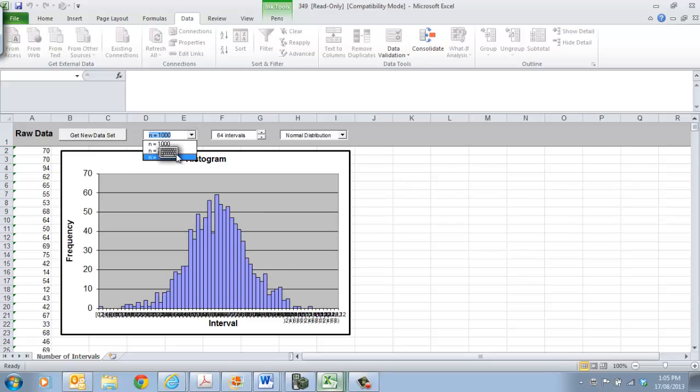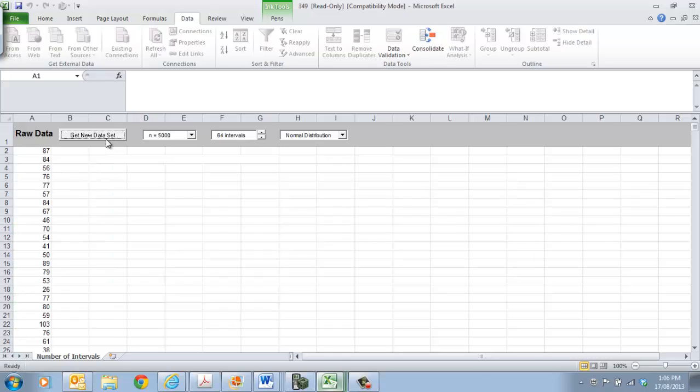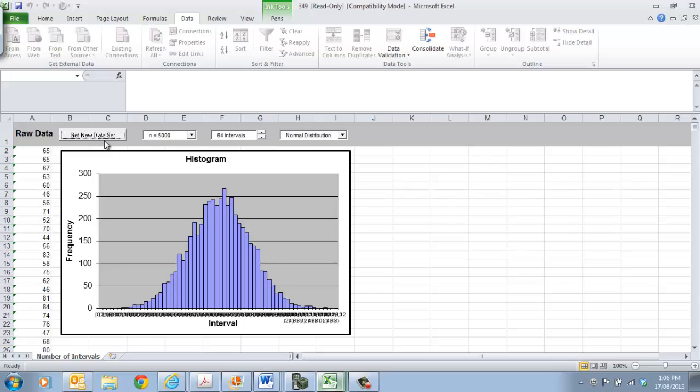If I go to the extreme case where I've got 5,000 bits of data, you can see that the graph becomes more normally distributed each time I get a new sample. So it's not varying as much.